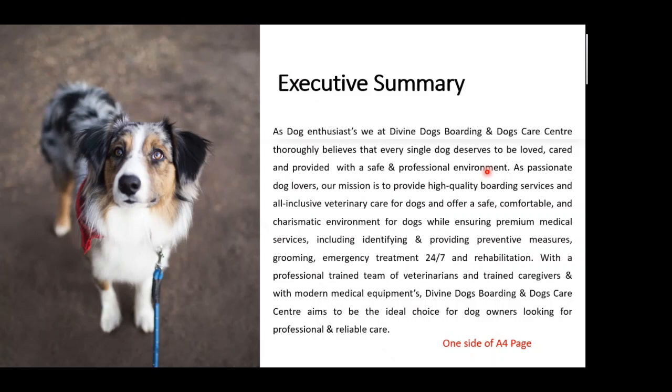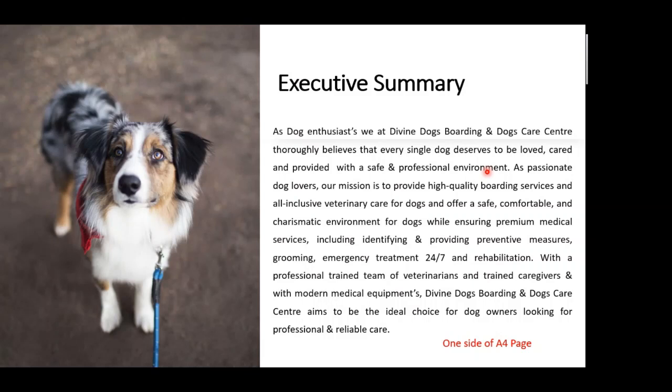And remember, these people are very busy. Initially, they go through your executive summary. So if your executive summary is attractive and impressive, only then will people like investors decide whether to go further on reading the report or just put it aside.